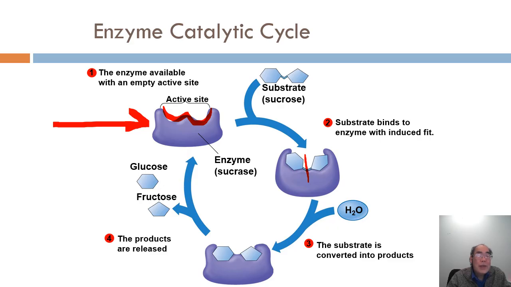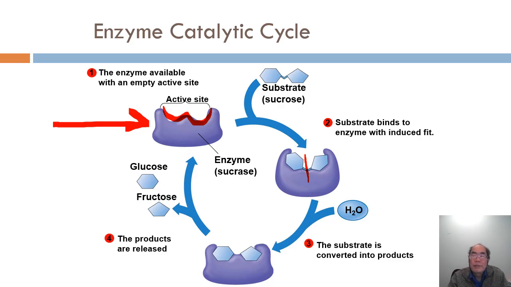And then the enzyme is unaffected, so now it can bind to another molecule of sucrose, break the glycosidic bond, release the monomers, and then it will bind to another substrate, and it will continue doing so until there's no more substrate left. Okay, so that is sucrase. It can only bind to sucrose, not anything else, not lactose or fructose or maltose, only sucrose.